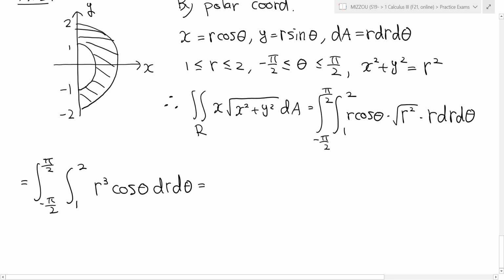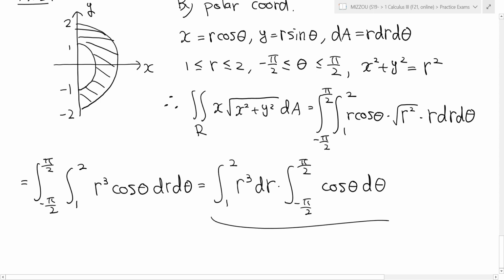So therefore, this is written as the integral from 1 to 2 of r cubed dr times the integral from negative pi over 2 to pi over 2 of cosine theta d theta. So you can just separate like this. Or if you didn't really understand what I did here, you may just compute step by step, doesn't matter.